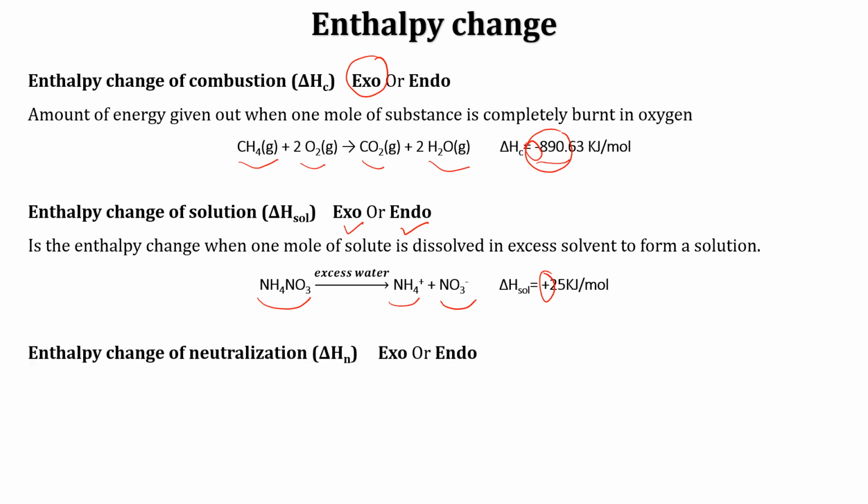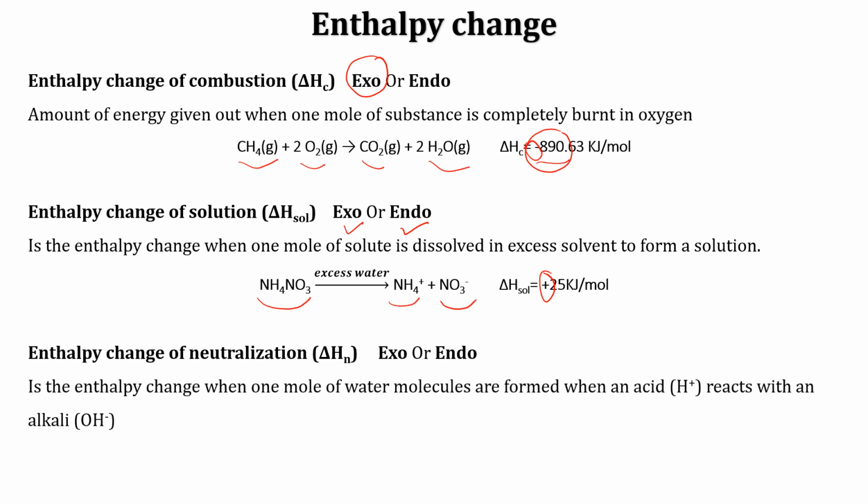The third type of reaction whose enthalpy change we will study is the neutralization reaction. It represents the enthalpy change when 1 mole of water molecules is formed when an acid, H positive ion, reacts with an alkali, which is represented by OH negative.